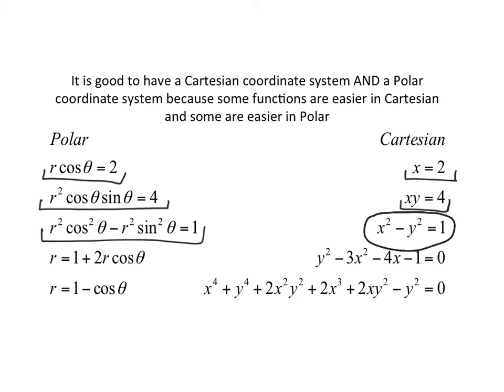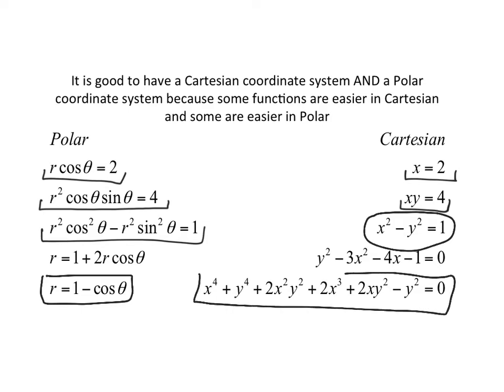So we want to be able to convert back and forth between polar and Cartesian. For example, r equals 1 minus cosine theta is a very simple polar equation, but the equivalent x and y equation becomes quite complicated.